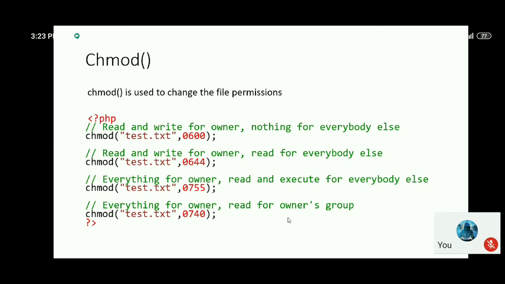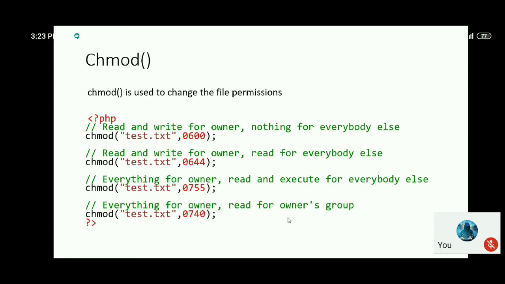The third parameter from the left is the group of the owner, because the owner also belongs to a certain group. The fourth parameter is everybody. So I have given some strange numbers here, 0644, 0757, 0. You have to understand what they mean.